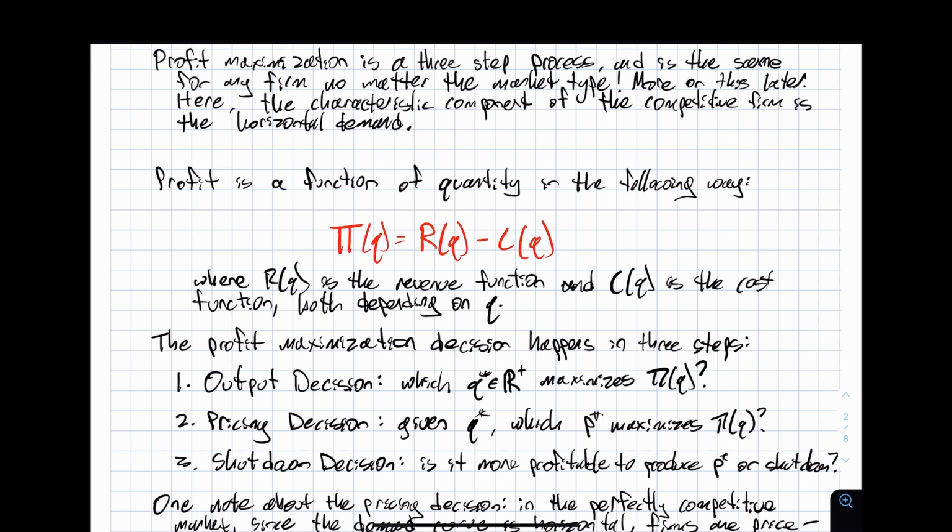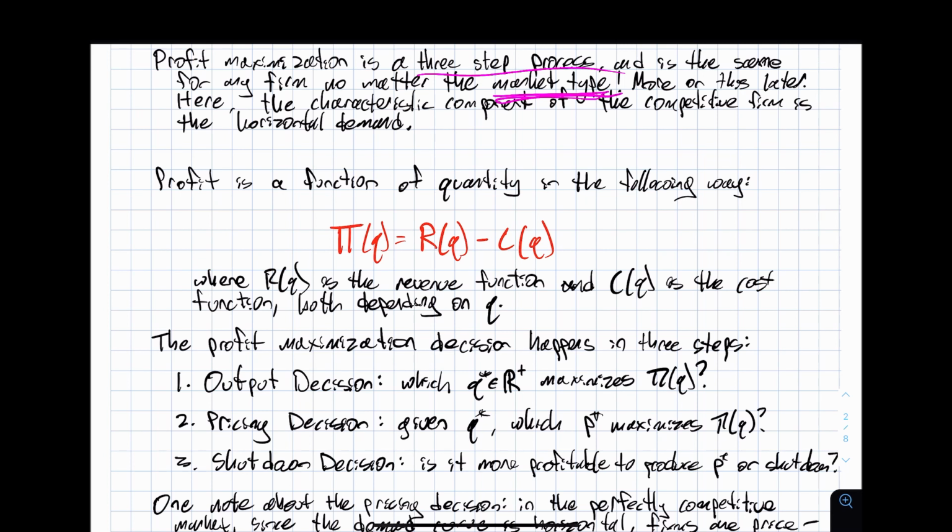And I think it's important to point this out before we get into any particular market structure. Here we're starting with perfect competition, but these 3 steps, a 3-step process, doesn't depend on market type. We're going to do the same 3 steps whether we're talking about perfect competition, monopoly, or even firms in game theoretic environments like oligopoly.